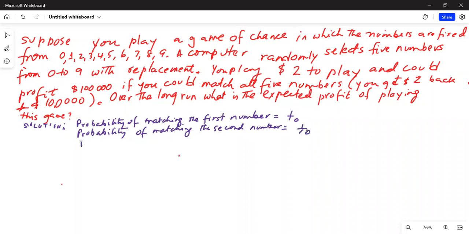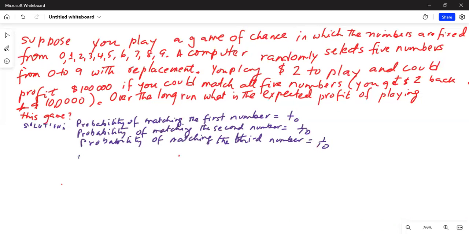Similarly, probability of matching the third number, because this is played with replacement, will remain constant at 1 over 10.